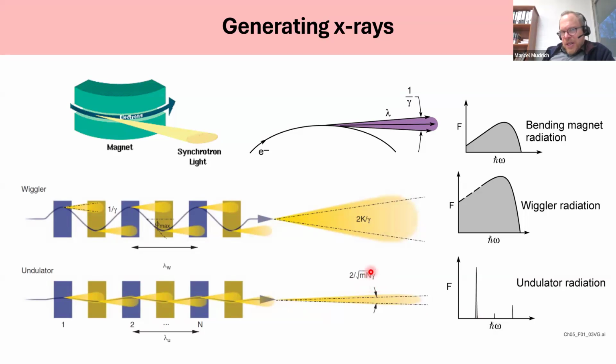But in addition to that, there is a factor of 1 over square root of N, where N is the number of undulator periods. So obviously, if we build the undulator very long with many undulator periods, this helps to reduce the divergence angle and to get an even better collimated beam.